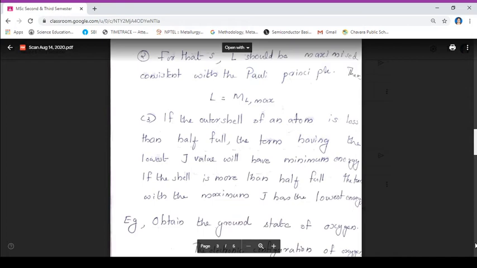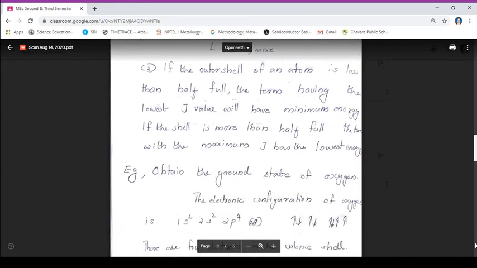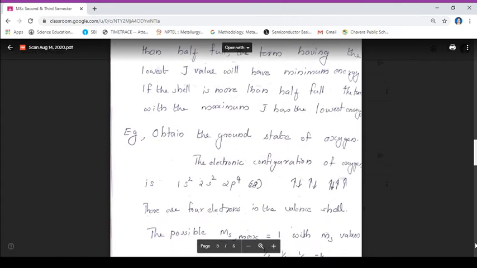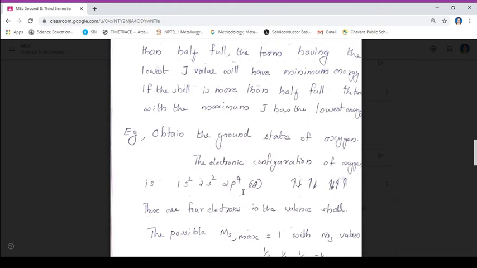In order to have a better understanding of this rule, we will try to do some problems. The first question is, obtain the ground state of oxygen. You know that oxygen has an atomic number of 8, so the subshell configuration is 1s2, 2s2, 2p4.